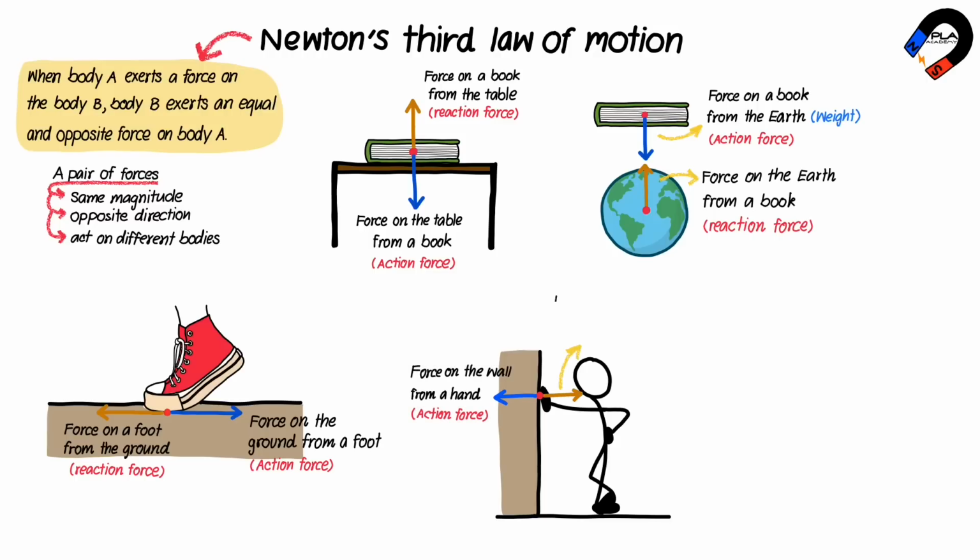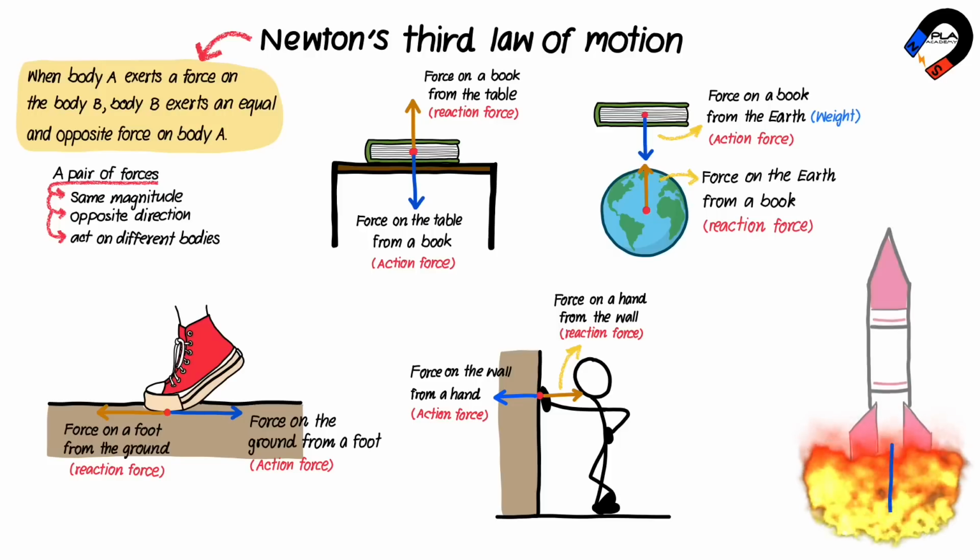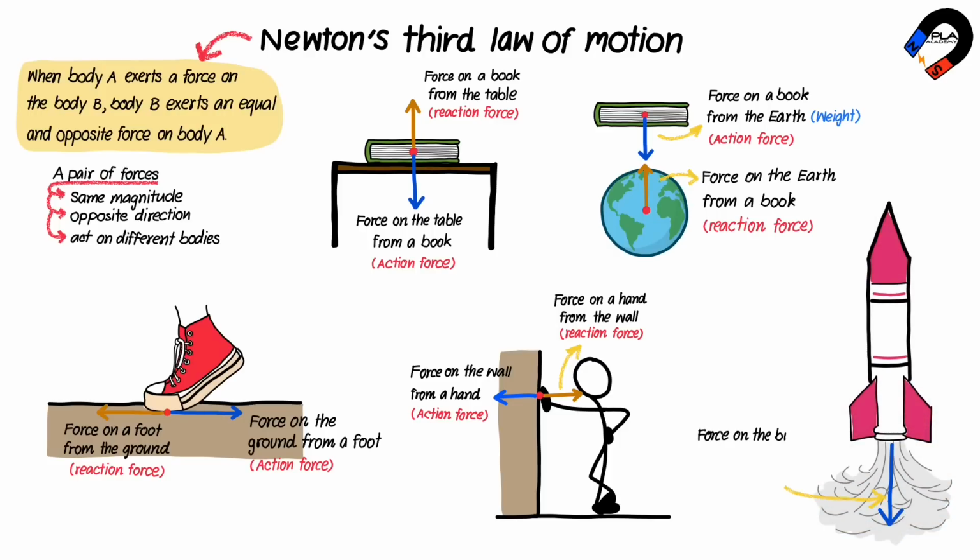The wall also exerts an equal and opposite force on the man's hand in the backward direction. This is the reaction force. A rocket exerts a downward force on the burnt gases. This is the action force. The burnt gases also exert an equal and opposite force on the rocket in an upward direction. This is the reaction force.